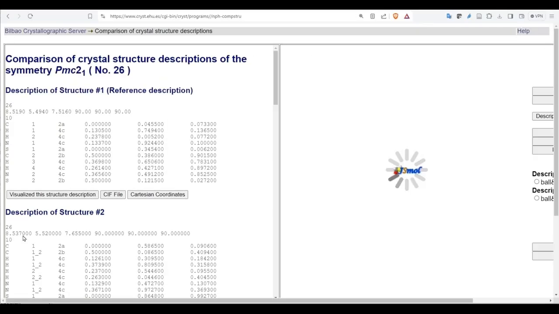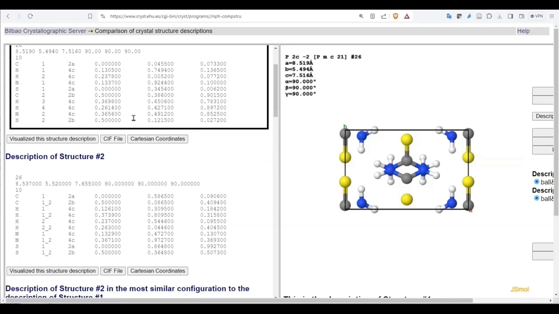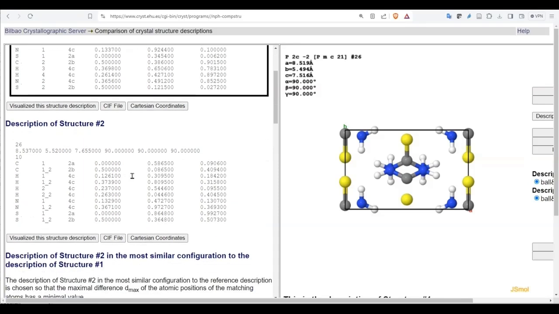So we continue, and the program will calculate how to correlate the two input structures. After about 50 seconds, we get the description of structure number 1, which is low temperature Theoria, as we input, and the description of structure number 2 as we input.